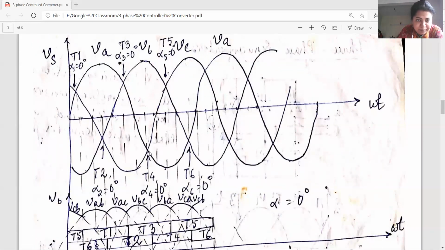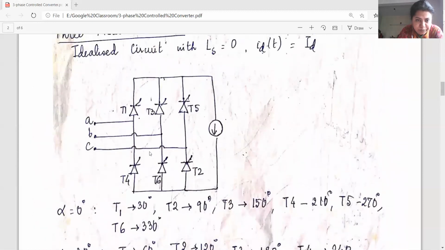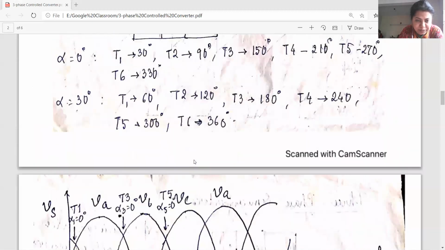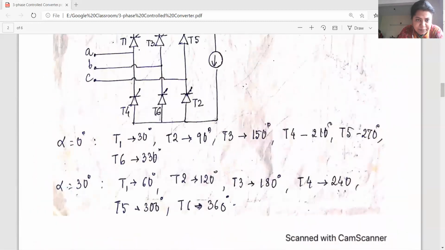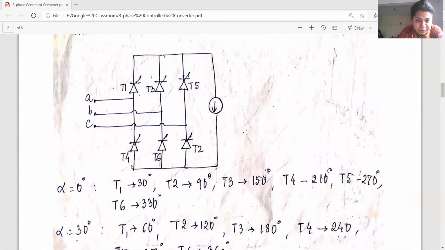VC is maximum negative means it is T2. T2 is forward biased, and here VA is maximum negative, so T4 is forward biased.